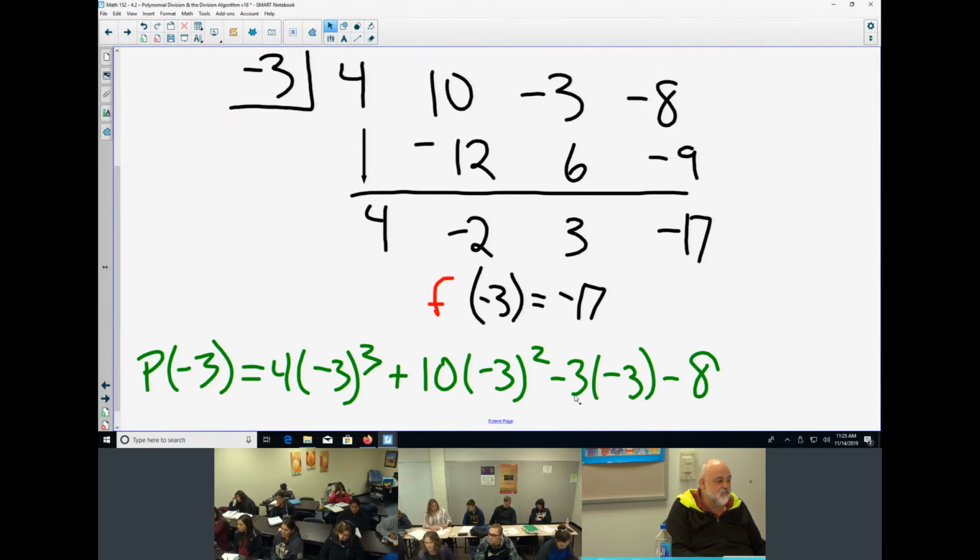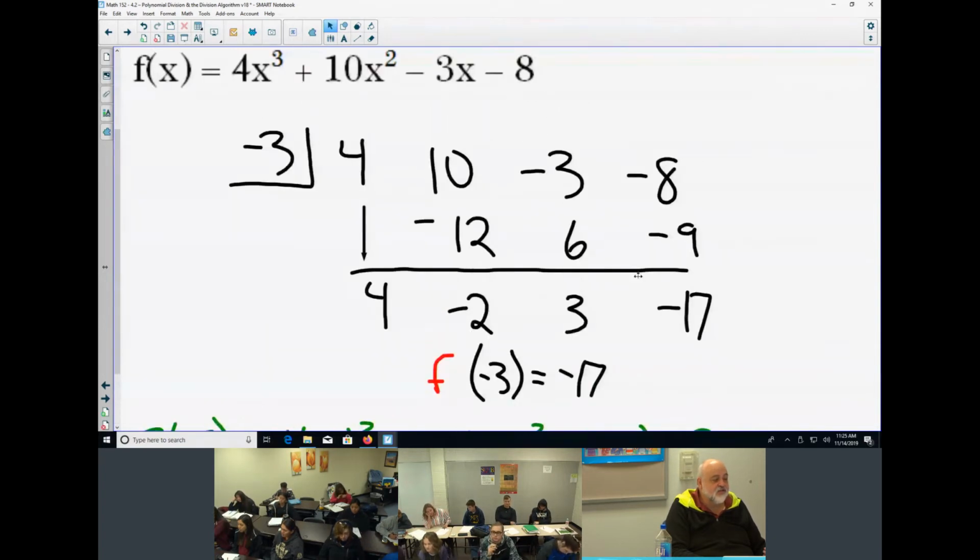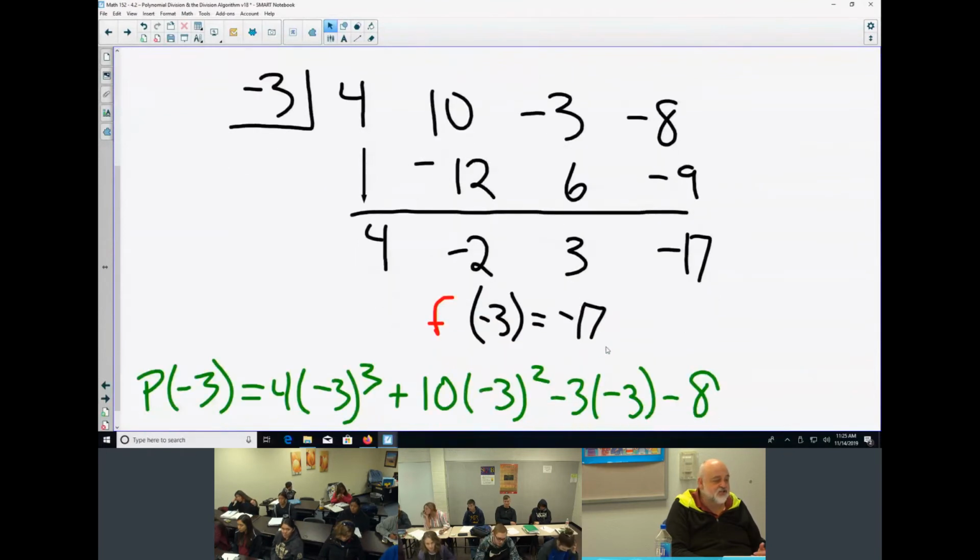But when you do it by synthetic division and your answer is just a remainder, it's much easier. And you would get the same answer, -17, if you plugged it in. Okay? And so I love that shortcut. That's a great way to evaluate a function. Okay. All right, any questions on that?